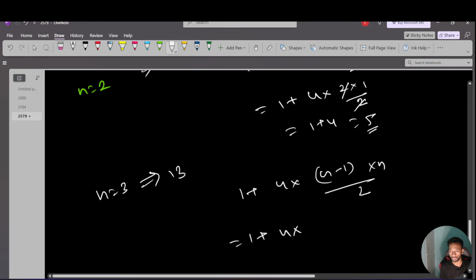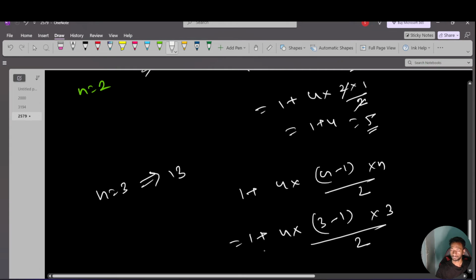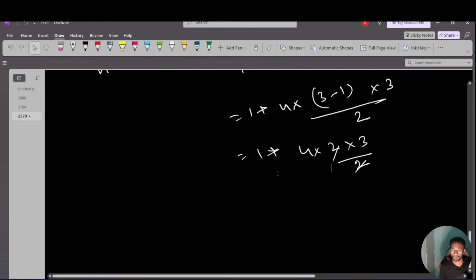So 1 plus 4 into, n means 3, 3 minus 1 into 3 by 2. Correct? So this is 1 plus 4 into 2 into 3 by 2. So this is ultimately 1 plus 12. This is 13. Got it? That is how we are getting the output.